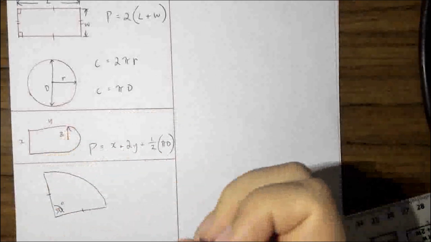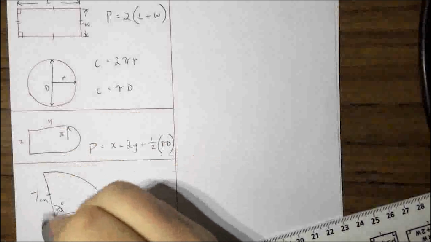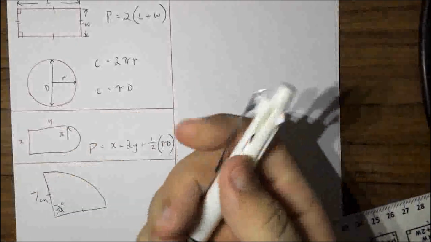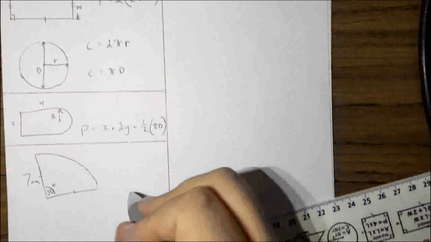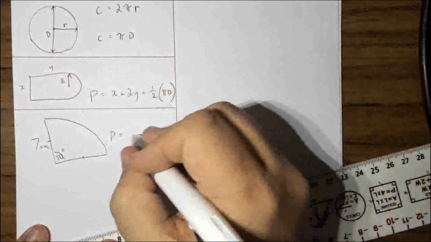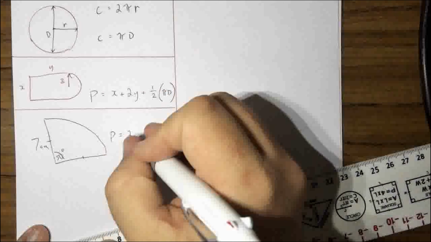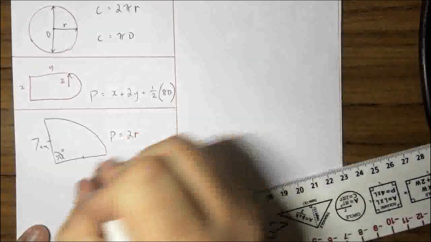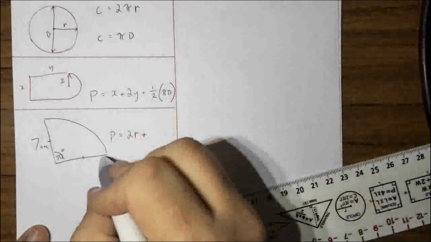They're both the same length, and this one's 7 centimeters, and you're asked to find the perimeter of this whole shape. Well, how would you do that? Well, you've got two lots of these sides, right? So the perimeter would be equal to that side plus that side, so two lots of the radius, really, because that's the radius of the circle, plus this bit.